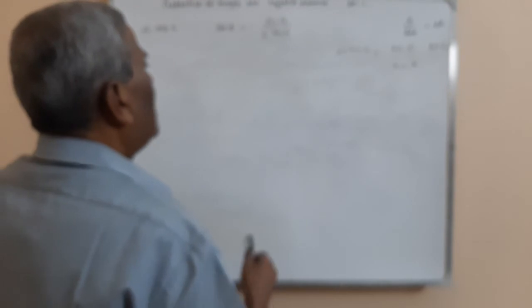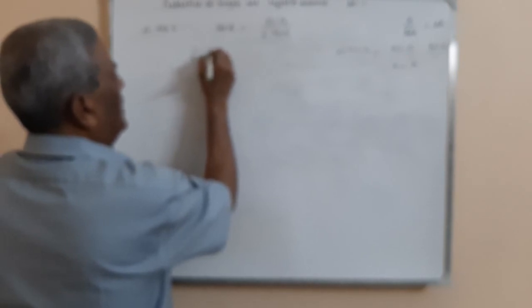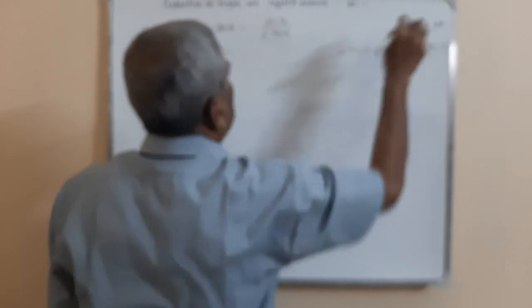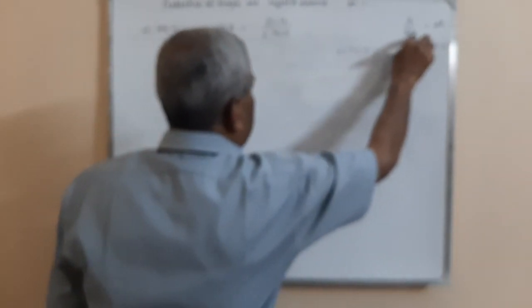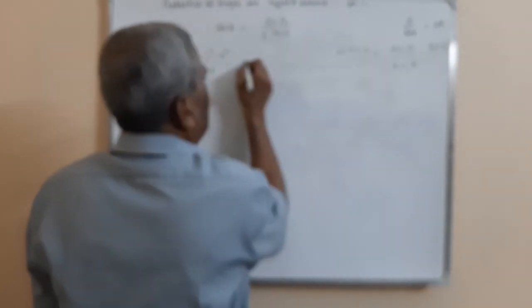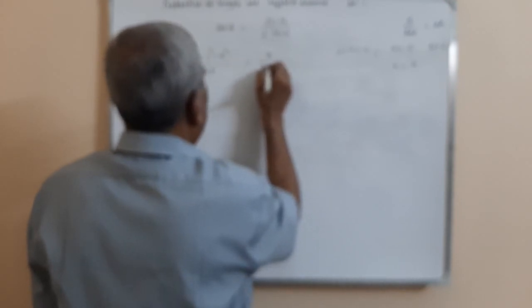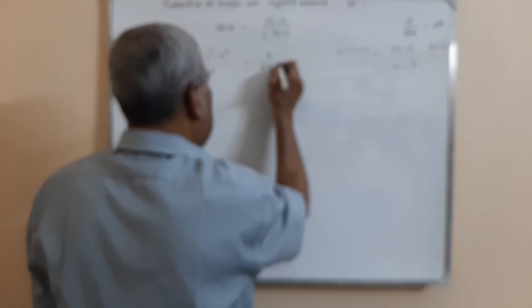Cos A is actually b square plus c square minus a square by 2bc. Sin A is a by 2R, sin B is b by 2R. So it is b by 2R by 2 into sin C means c by 2R.